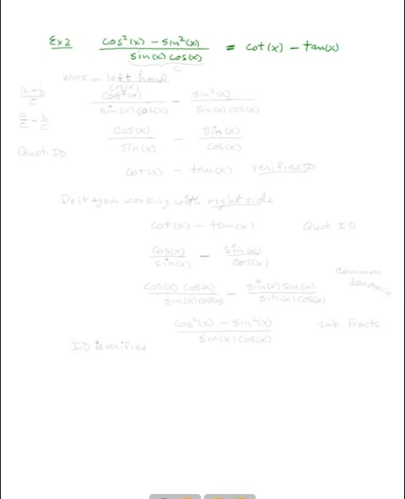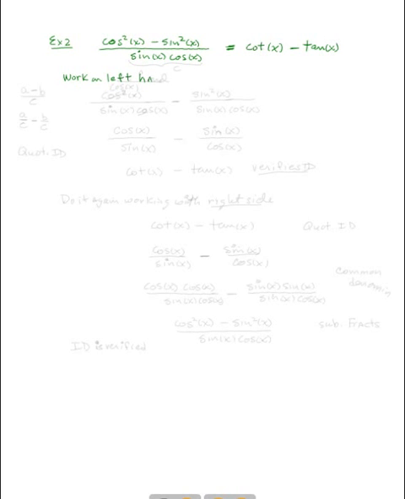So again, you look at it and you try to decide which side looks more promising to work on. And in fact, in this case, we're going to actually do this twice. The first time, I'll start working on the left-hand side.